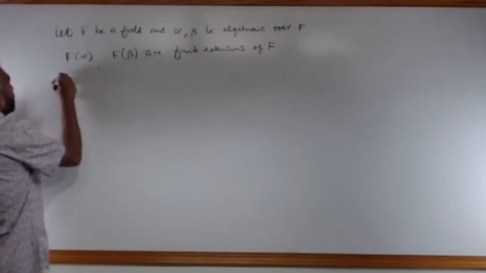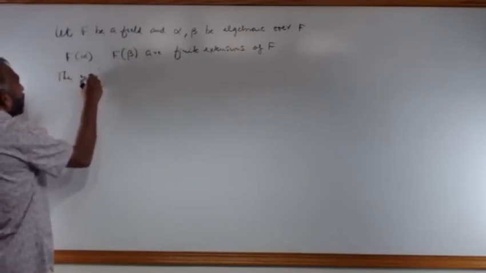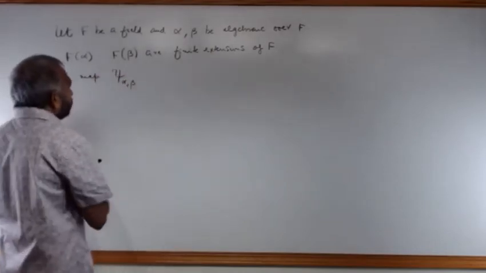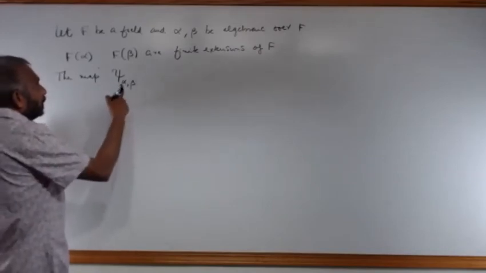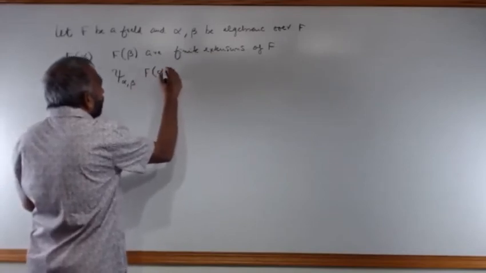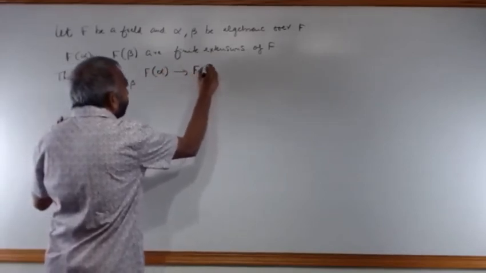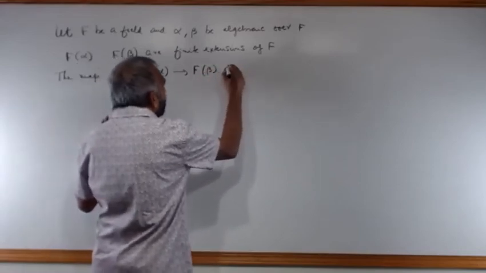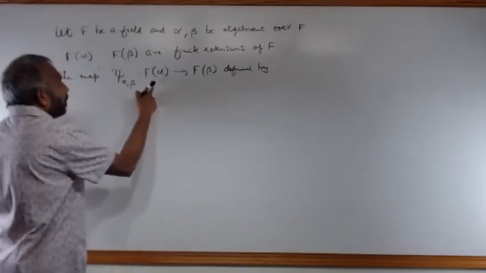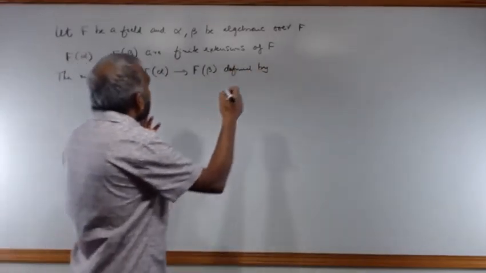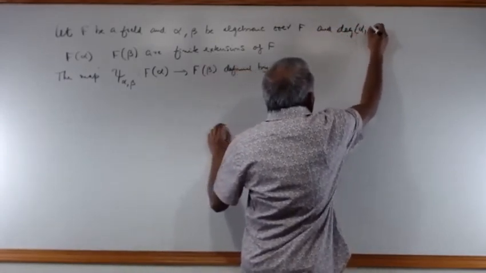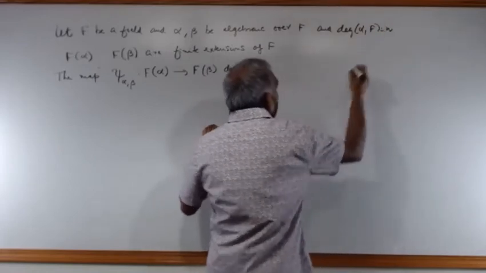So the condition is that the map psi_{alpha,beta}, the conjugate map from F(alpha) to F(beta), is defined as follows. Let us assume the degree of alpha over F is equal to n for some n.